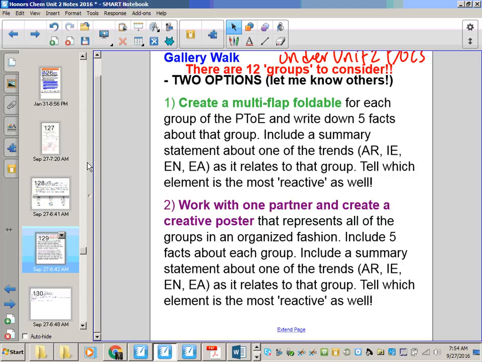And then let's do a pop-up for each atom, like each different version.